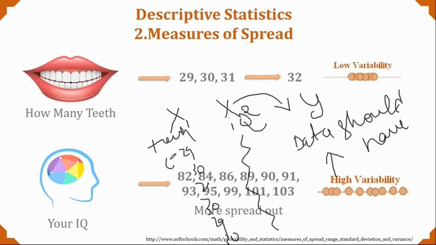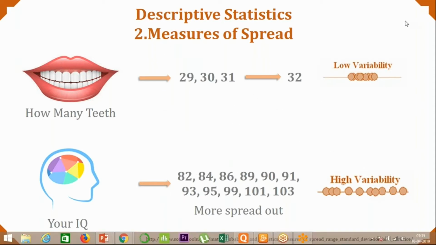Because if I have all zeros, can this column be useful to y? No, because there is no variability. There is nothing that column is explaining to my y variable. So the spread of the data is also very important to predict your y variable.